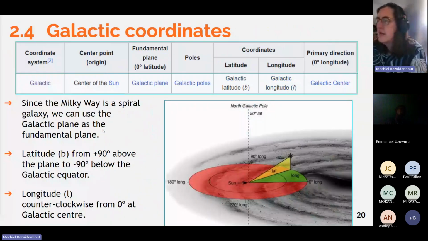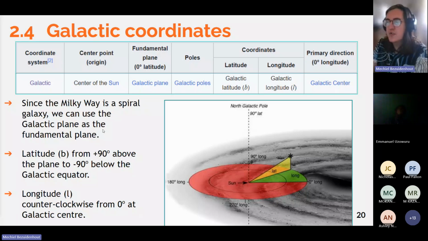And then finally, I want to talk about galactic coordinates. That's the fourth coordinate system. In this one, we use the plane of the Milky Way galaxy as the fundamental plane. Because the Milky Way is a spiral galaxy, it's very nearly flat, and you can use an approximation of that plane to measure coordinates relative to it.